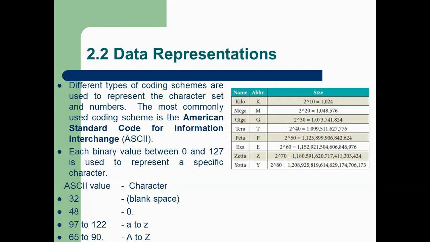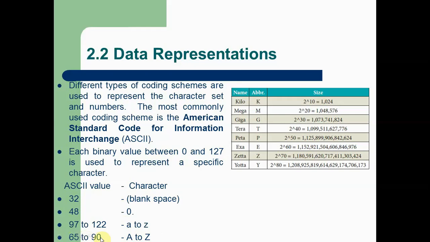In ASCII, the numbers 0 to 127 are given to different characters used by computer users. In the example, you can see ASCII value 32 is allotted for blank space, 48 is allotted for 0. From 97 to 122, numbers are allotted to small letters a to z.